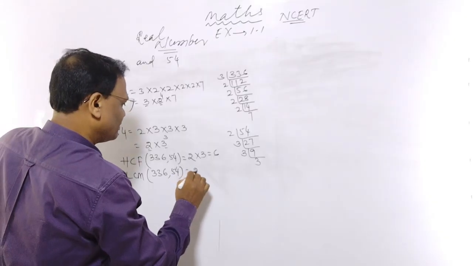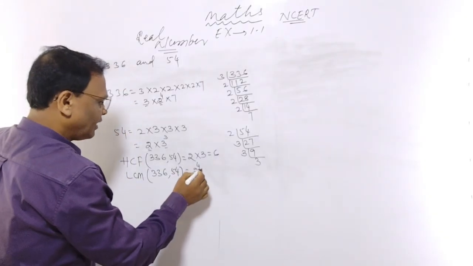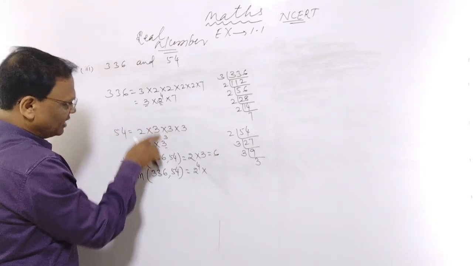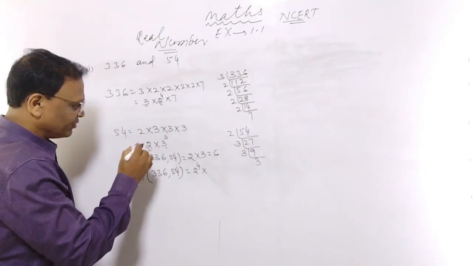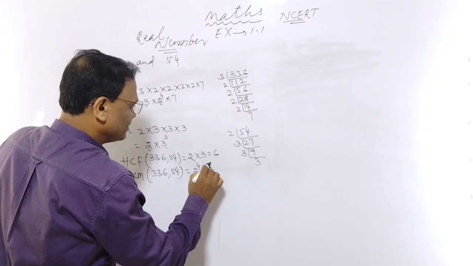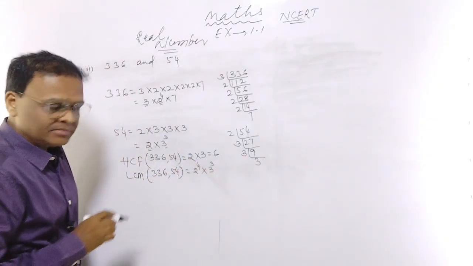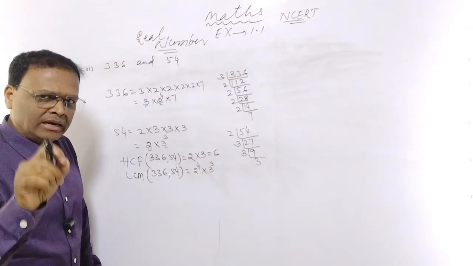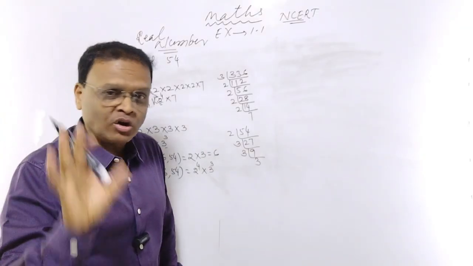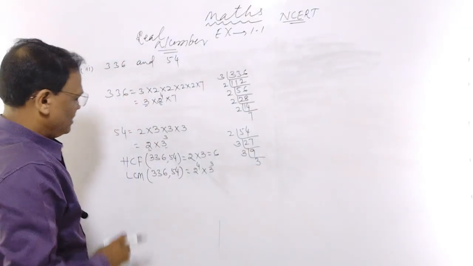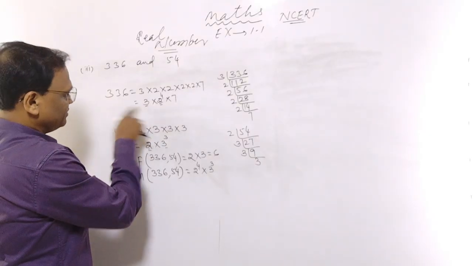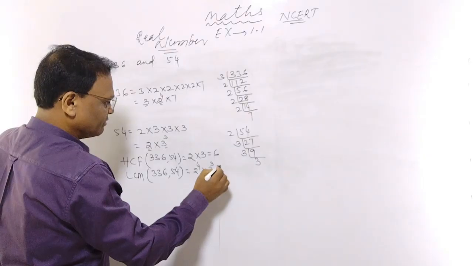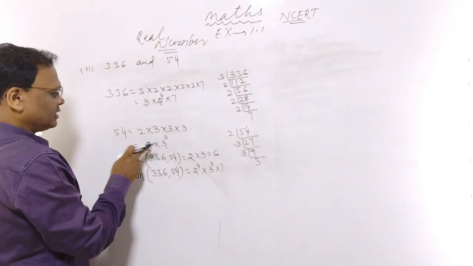Highest power is 2 to the power of 4 into, similarly, out of these, the highest power is 3 cubed. And in LCM, you have to write the rest of the numbers also, whereas in HCF we take only the common, not all. What number remains? This one over, this one over, this one not over, into 7. Here, this one over, this one also over.